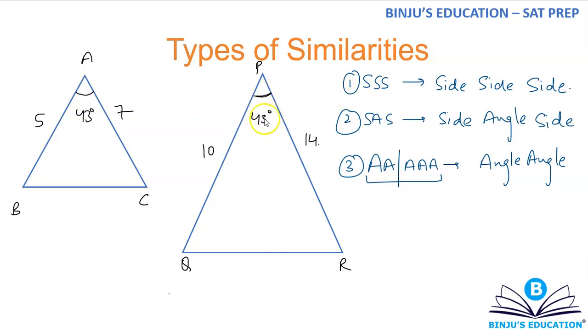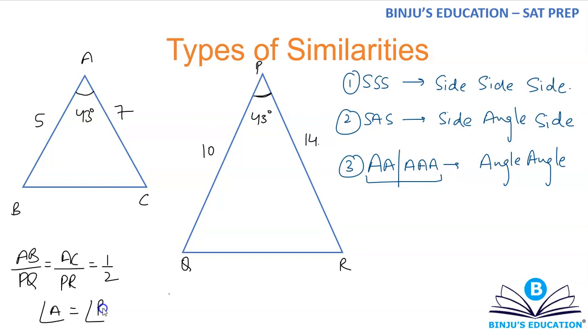So you can see in the two triangles, that is AB by PQ is equal to AC by PR, which is equal to 1 by 2, and angle A is equal to angle P. So the two sides of one triangle have the same ratio with the two sides of the another triangle, and the angle between them is equal.